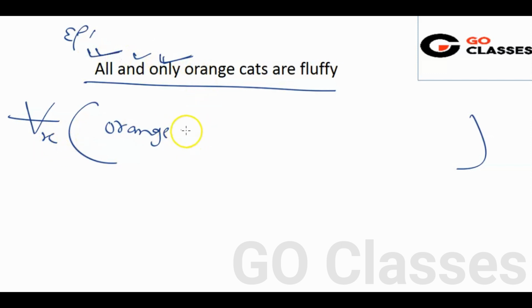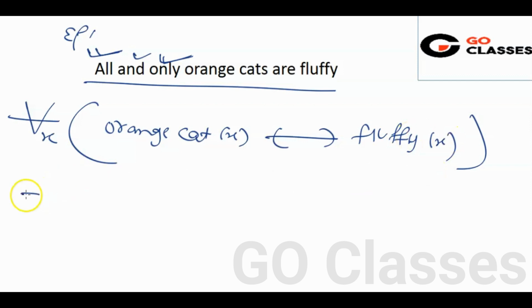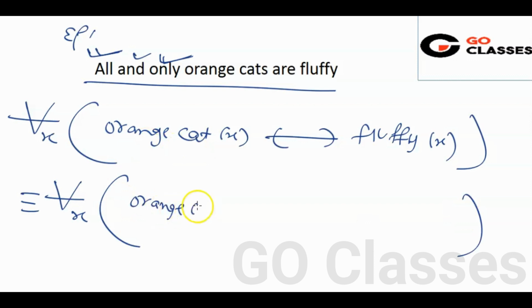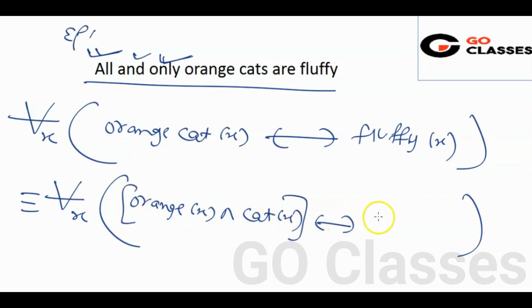And I can write this like this: for all x, orange cat means it should be orange and it should be cat, if and only if it is fluffy. So this is the expression.